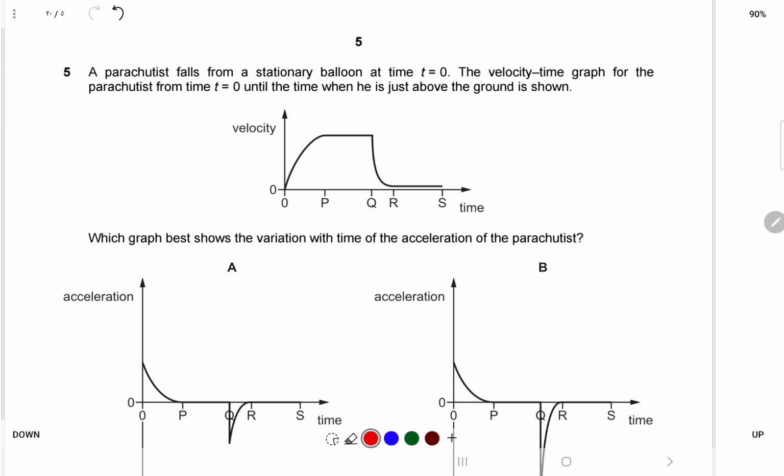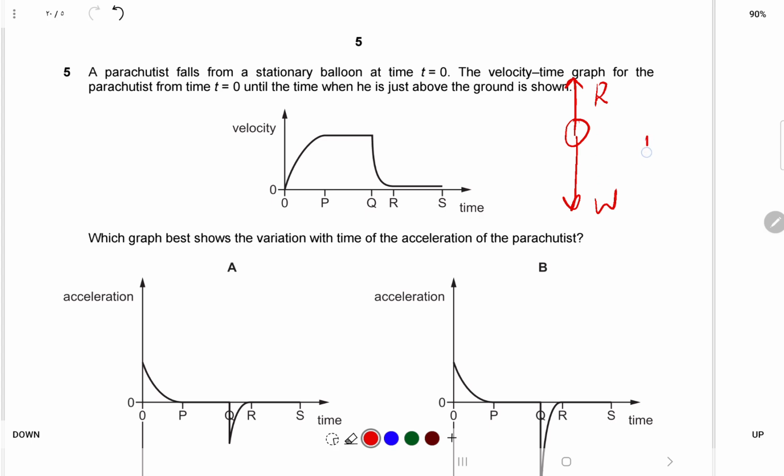Initially, when the parachutist falls, the weight is the downward force and air resistance is the upward force. Now initially there is a resultant force acting downward.